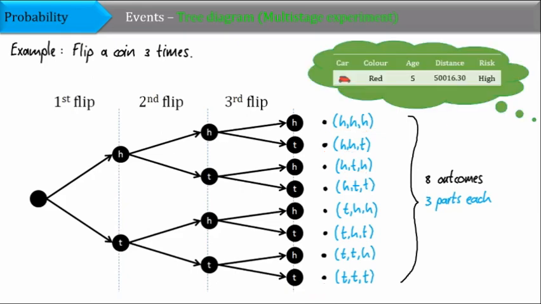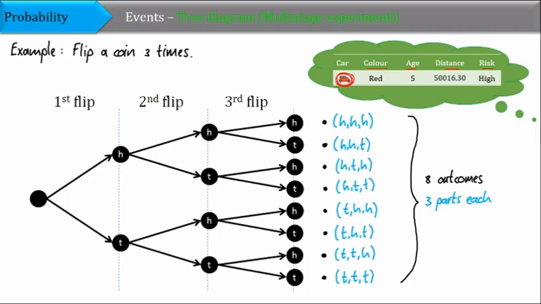Now again, if you think back to what we did in types of data, if we took one of the cars, then we had four things describing it: the color, the age, the distance, and the risk. And because we had four different things describing it, or four different characteristics, or four different variables, we said that it was multivariate data.